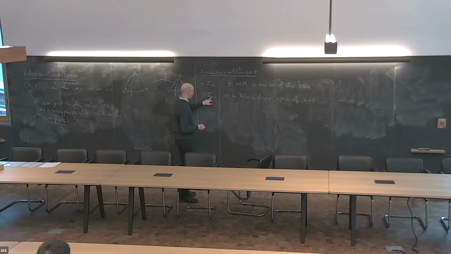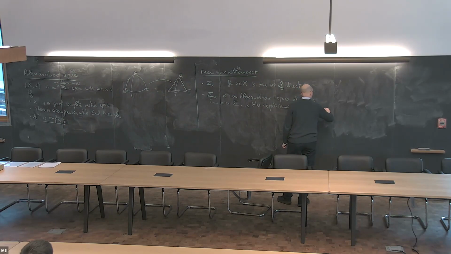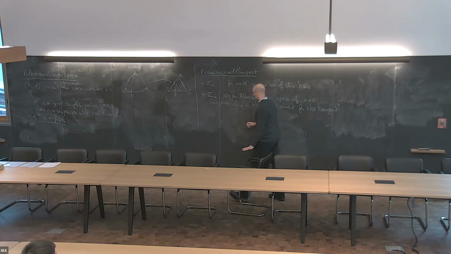Exactly. Or better said, the cone over sigma x is actually the replacement for the tangent. As Karen's saying, it's what we call the tangent cone.